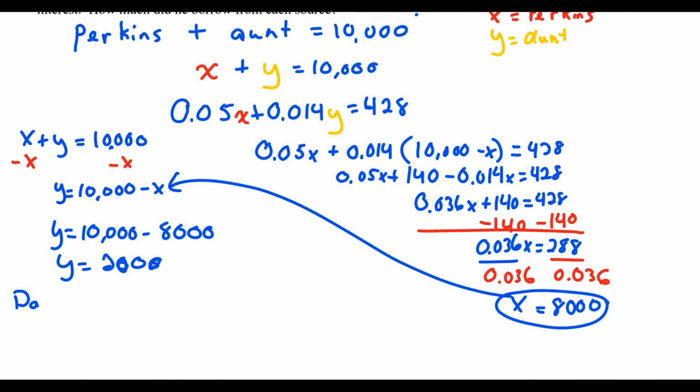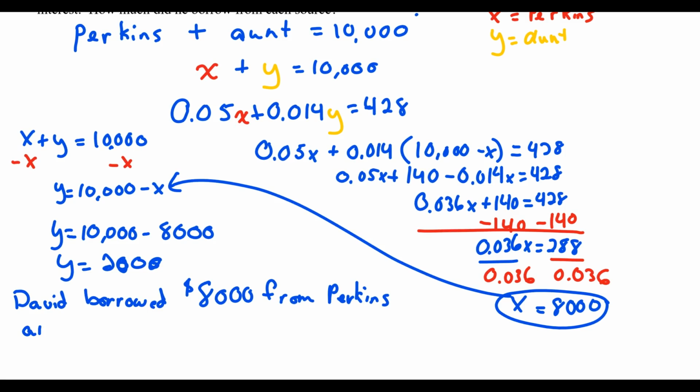So David borrowed $8,000 from Perkins and $2,000 from his aunt. So anytime you have an application problem, don't forget to put it back into sentences. We have to address what it actually means.